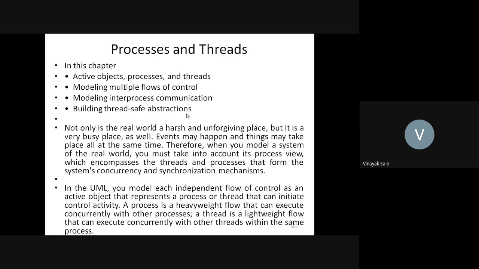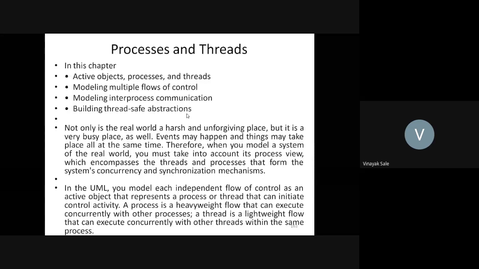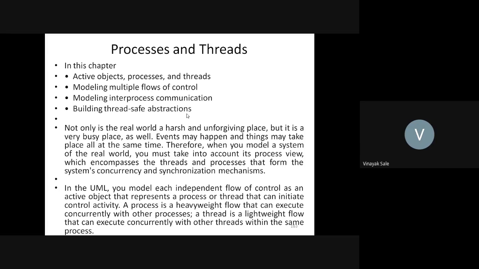Events may happen and things may take place all at the same time. Therefore, when you model a system of the real world, you must take into account its process view, which encompasses the threads and processes that form the system's concurrency and synchronization mechanisms.